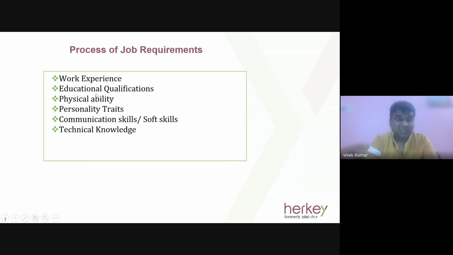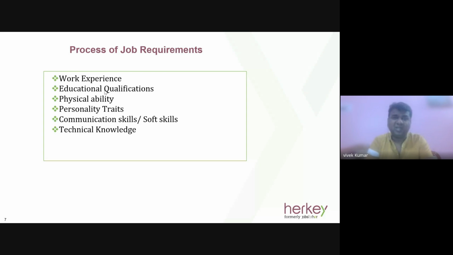Second, of course, is the educational qualifications. Okay, so here you can talk about, and again, it depends upon the role and the relatedness of the educational qualification. For some of the roles, definitely, we can be very specific. Let's say we can say that we need a bachelor's in engineering in a particular trade, let's say computer science, maybe mechanical, and all.